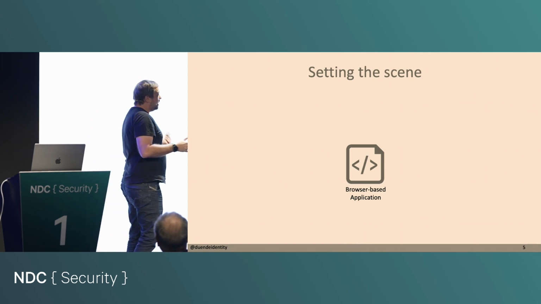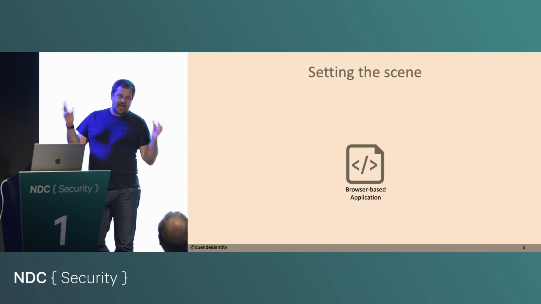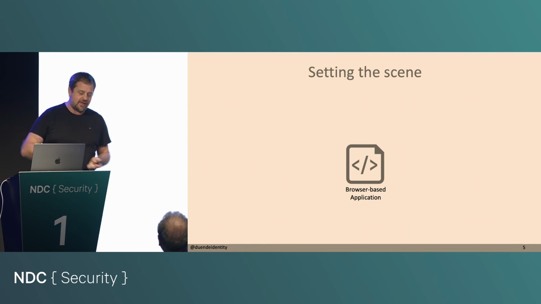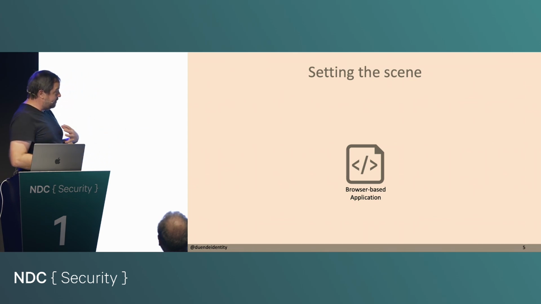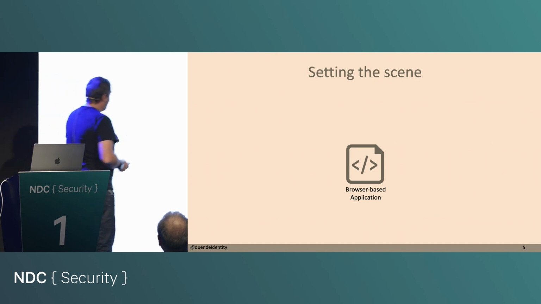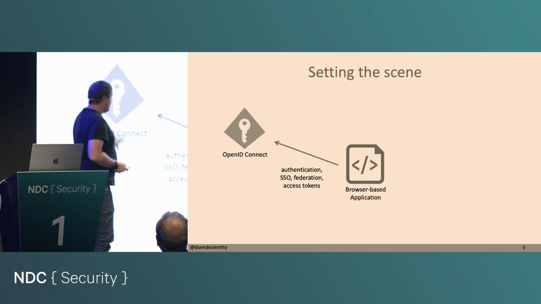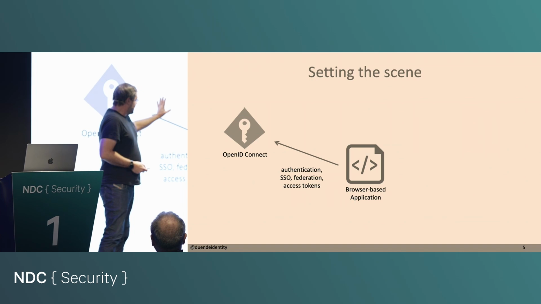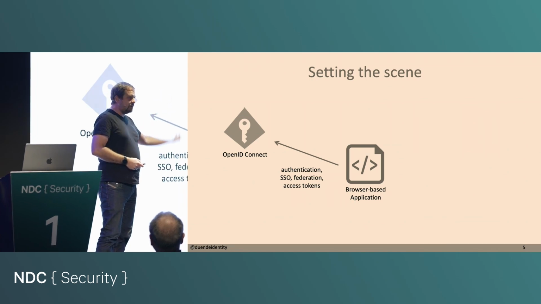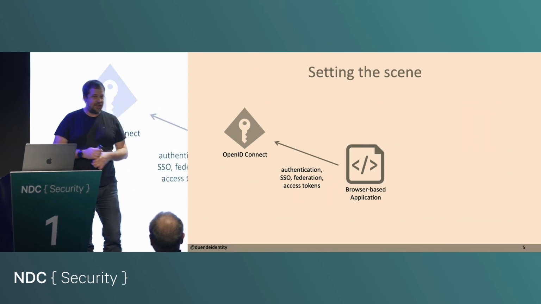So whenever I talk about SPAs or browser-based applications or Blazor, WASM, or whatever you want to call it, it's from my point of view, which is typically business applications. Okay, so we have a browser-based application running in the browser. I very often deal with authentication, typically via OpenID Connect, for single sign-on purposes, for federation, software as a service, all of these scenarios.